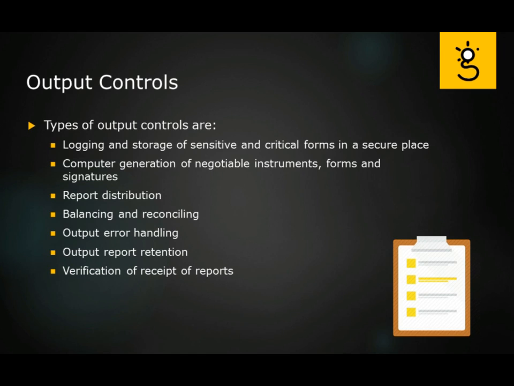Controls should control it, especially if it's something that's a financial instrument. Your output controls can work with report distribution, balancing and reconciling accounts and values. They can take care of output error handling, output report retention, and they should also be able to do the verification of receipt of reports.